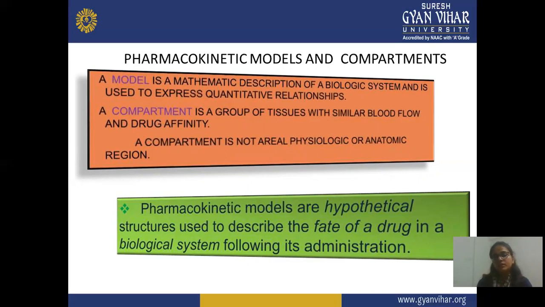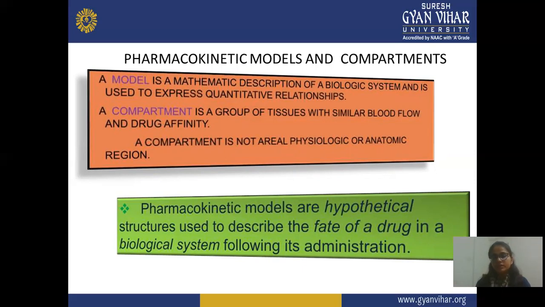And a compartment is a group of tissues with similar blood flow and drug affinity. It means a compartment is nothing but a group of tissues or body parts that have the same blood flow and the same drug affinity.